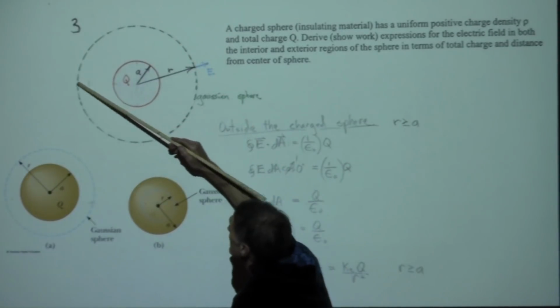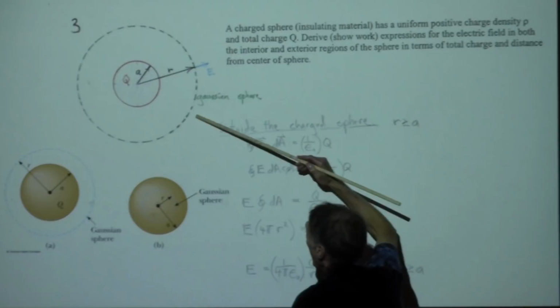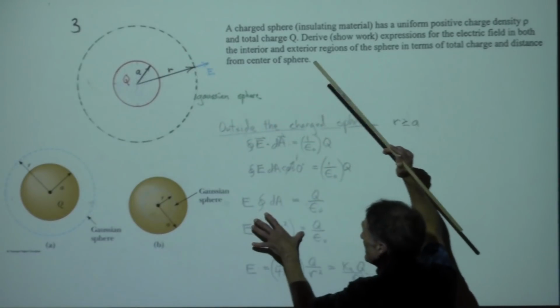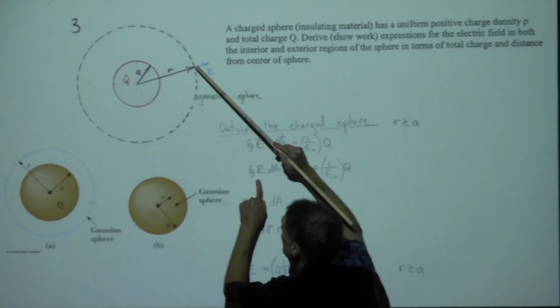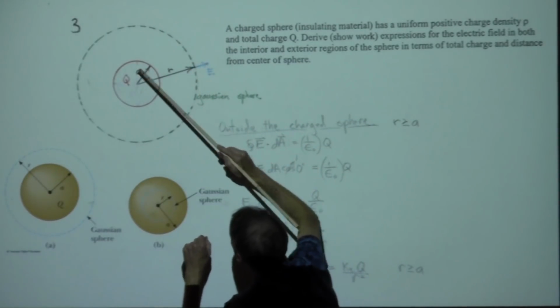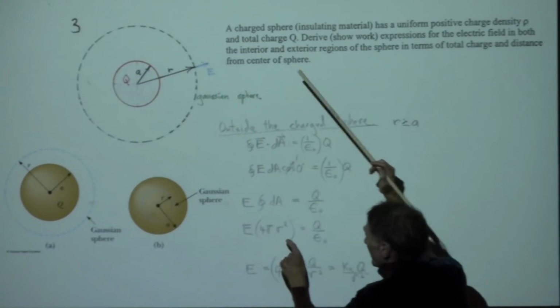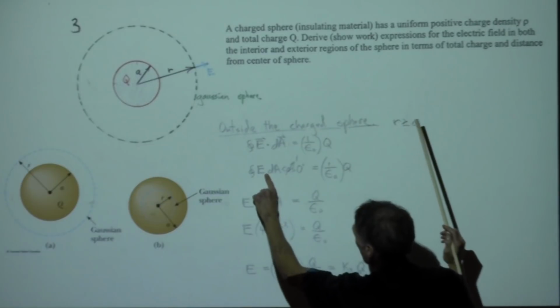I chose this Gaussian surface. It's a mathematical imaginary sphere. I'm choosing it because it has these symmetric properties. The idea that E is the same everywhere around there, at least the magnitude, of course it's pointing radially outward, but the magnitude is the same, and I've gotten rid of the vectors here with the dot product.